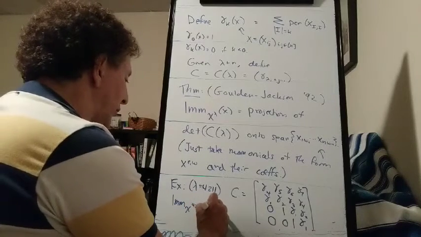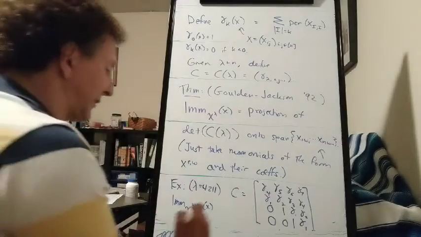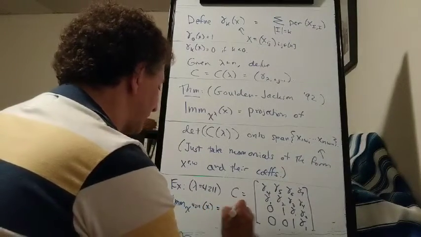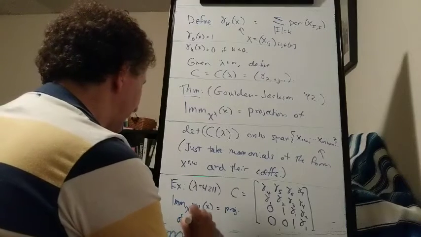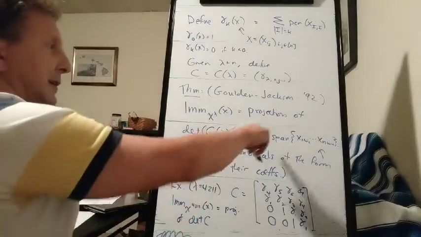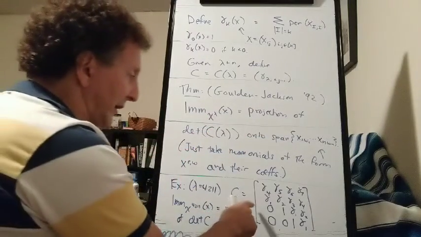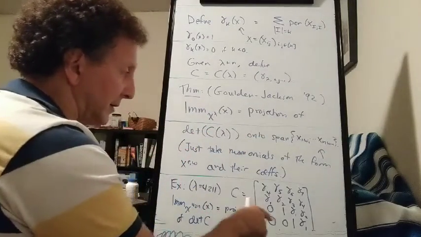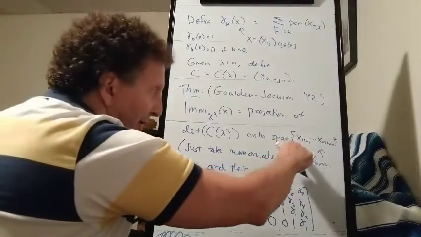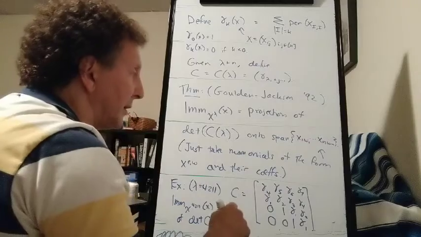So C equals this, and the 4211 irreducible character immanent of X equals the projection of the determinant of C onto the immanent space. So we take the determinant of C, and then we'll get some polynomials which have monomials that don't have that form.